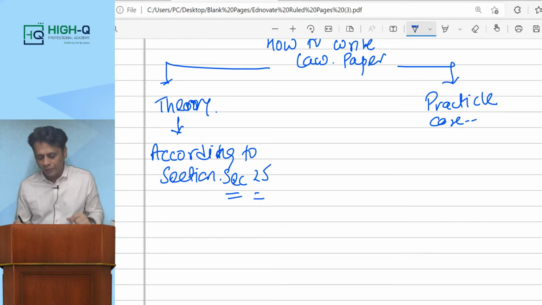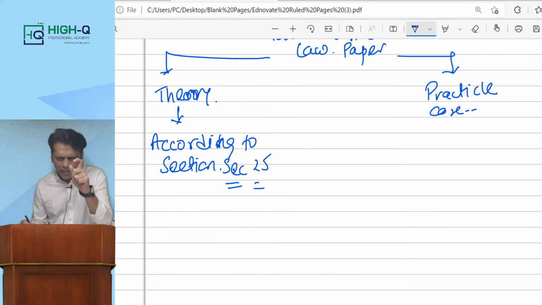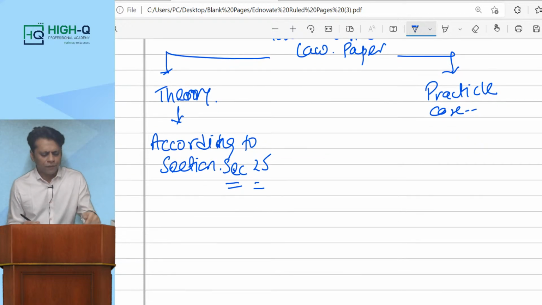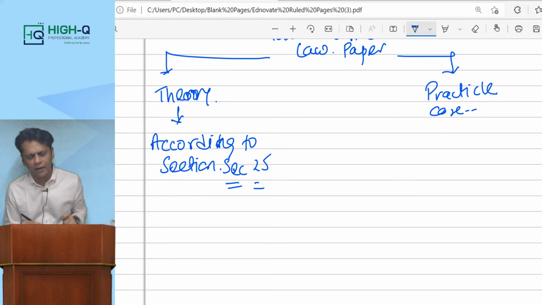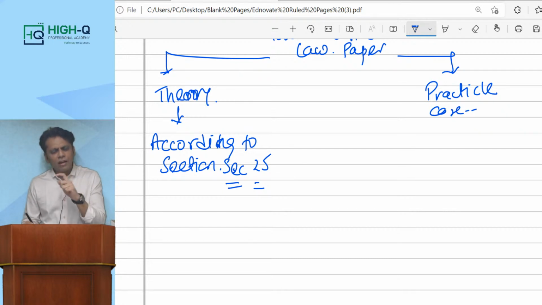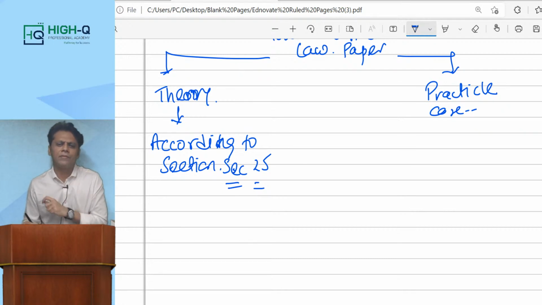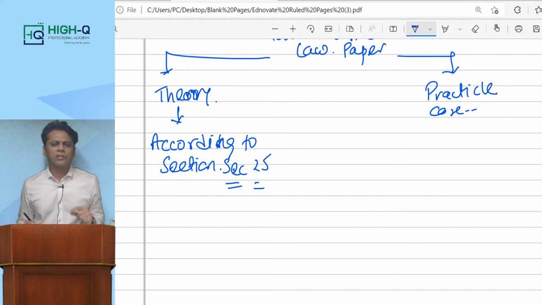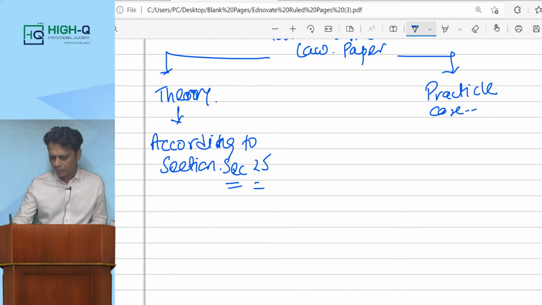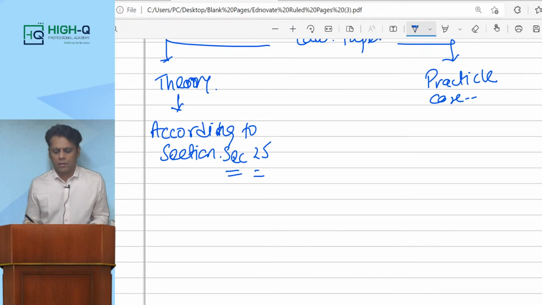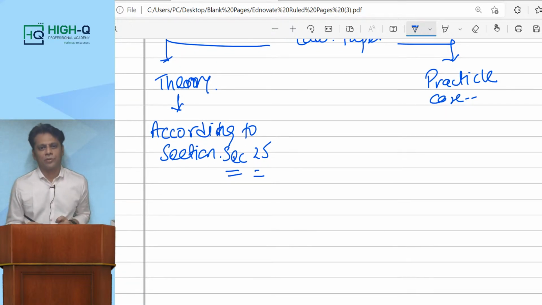Now, afterwards, some explanation like, if there is no consideration, then the contract is considered void. It means it does not have any legal effect. Then after, they have asked you the exceptions. However, this rule has certain exceptions as follows. Now you will write the exceptions.